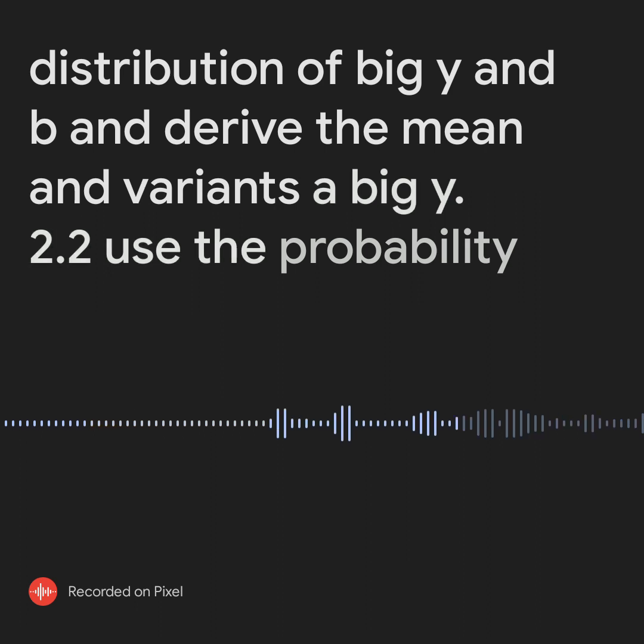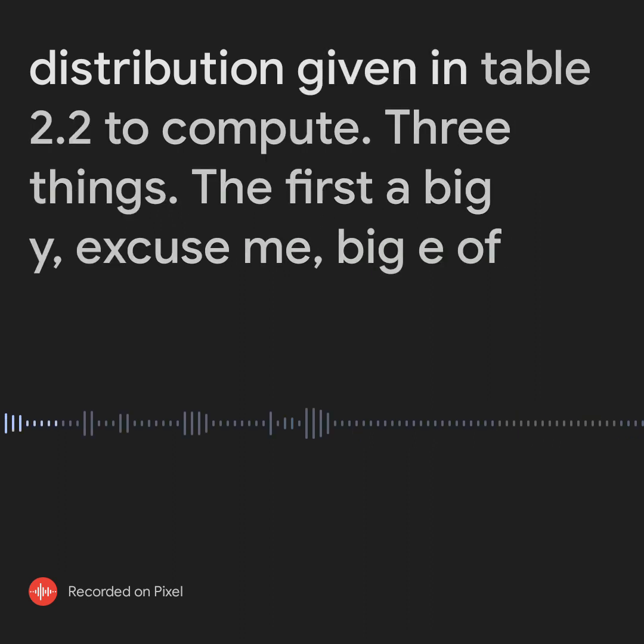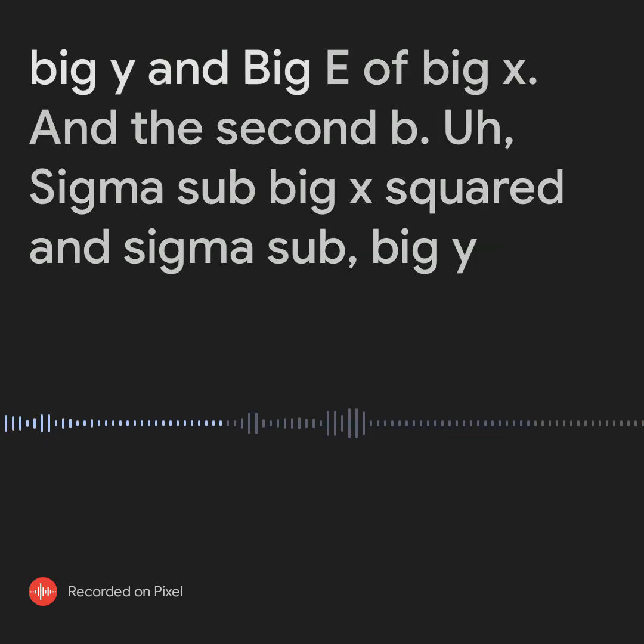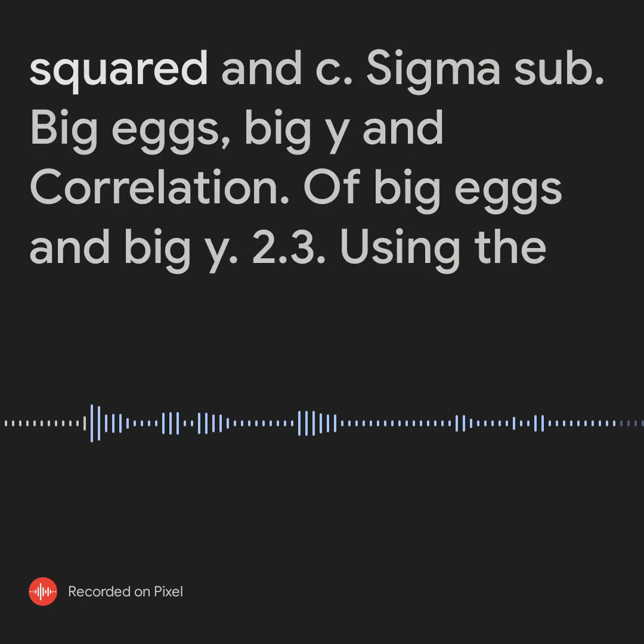2.2. Use the probability distribution given in table 2.2 to compute three things. A, big E of big Y and big E of big X. B, sigma sub big X squared and sigma sub big Y squared.